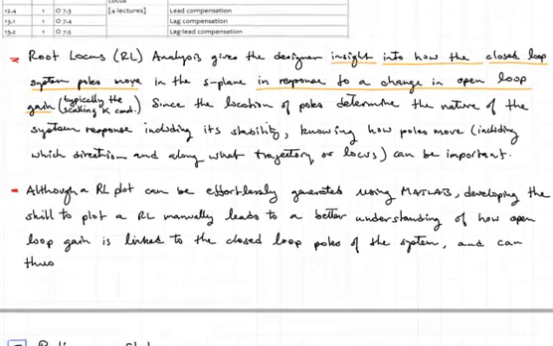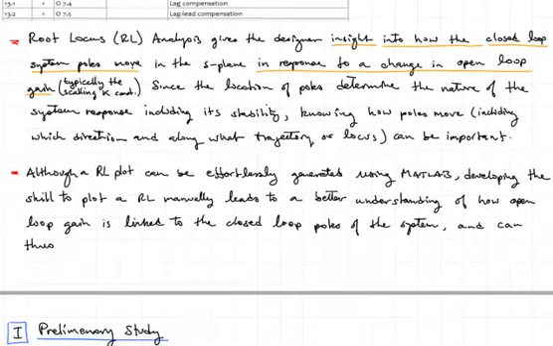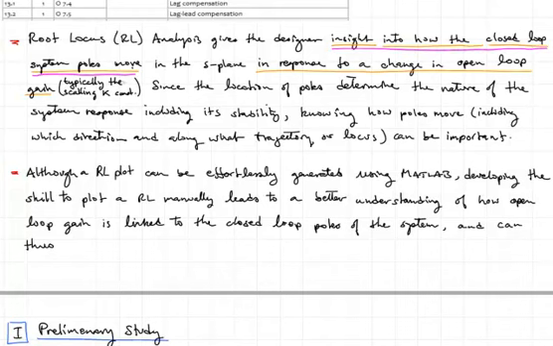Okay, so what is the root locus method? This analysis technique gives the designer insight into how the closed loop system poles move in the S-plane in response to a change in open loop gain. A lot of times there is a constant K. We've seen that with a proportional controller, an integral controller.